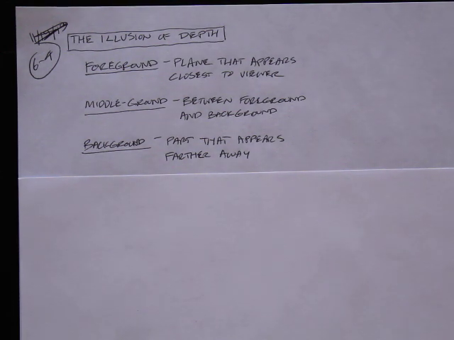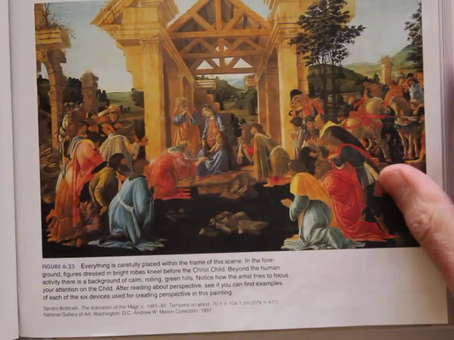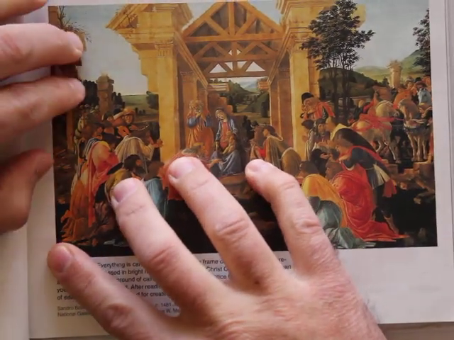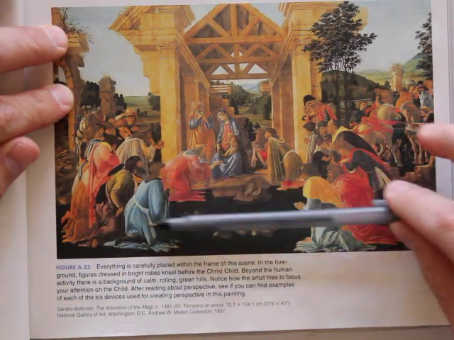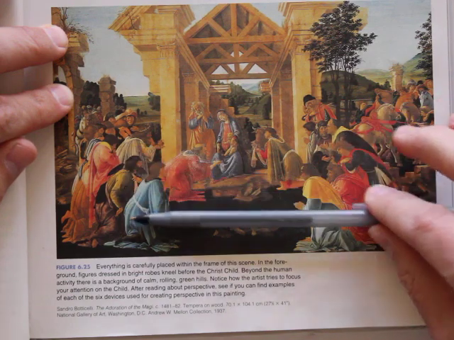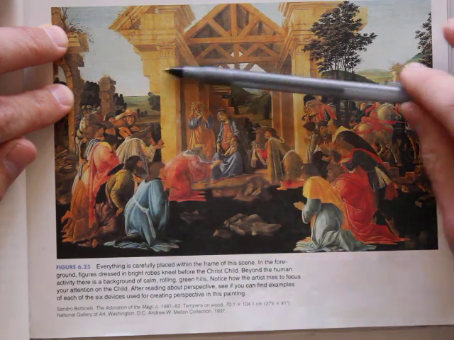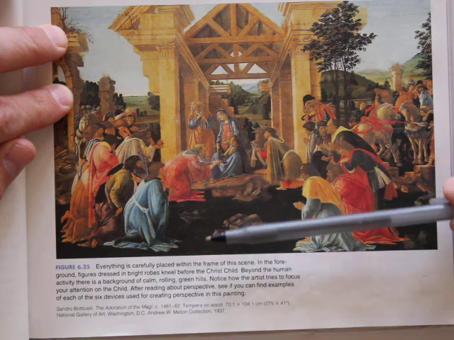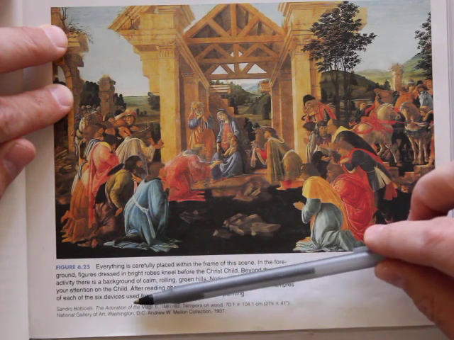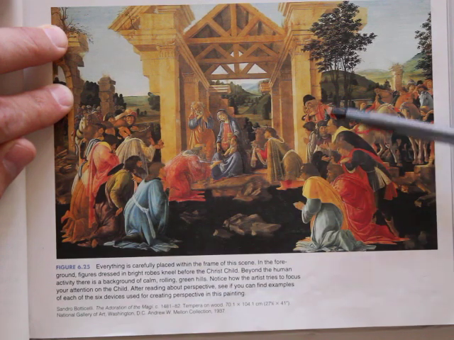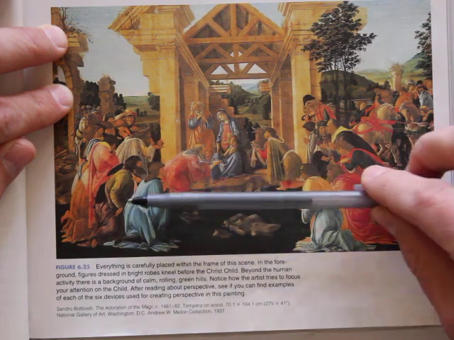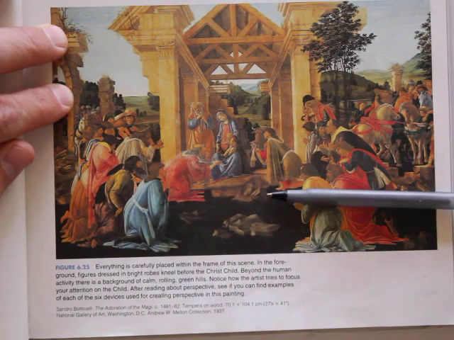Here is another one. One more here. This is on page 135, where we can see foreground and middle ground and background. Foreground is of these people kneeling down, praying, doing what they're doing here. The middle ground here is, let's see, this is the adoration of the Magi. So this is a story from the Bible where the Magi come and worship and give gifts to baby Jesus.